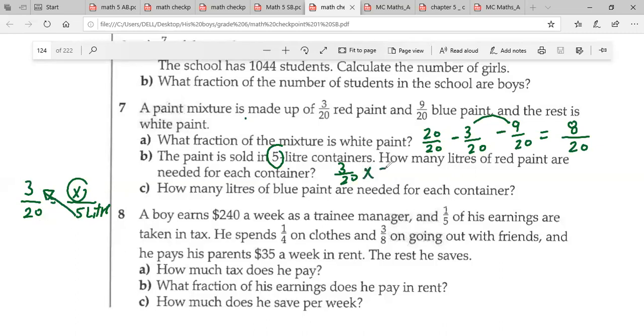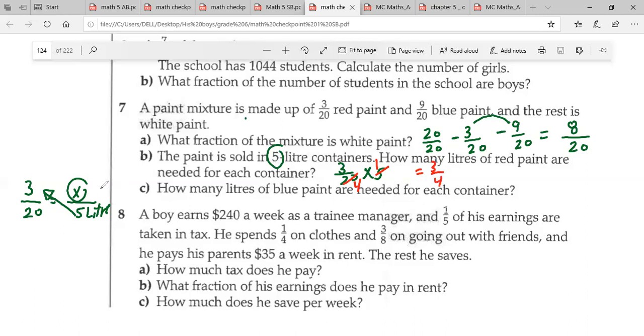Not add or subtract, you just multiply. To get it, simplify 5 and 20. If you divide by 5, 5 becomes 1 and 20 divided by 5 equals 4. Then 1 multiplied by 3 is 3. So 3 over 4 is the answer, 3 over 4 liters.